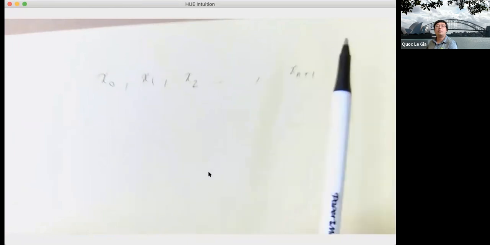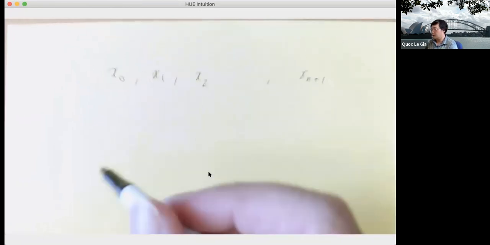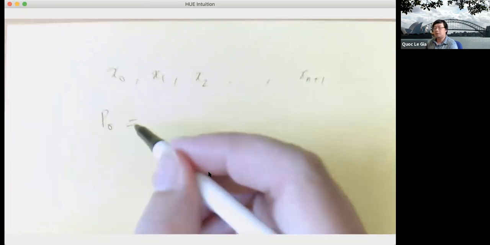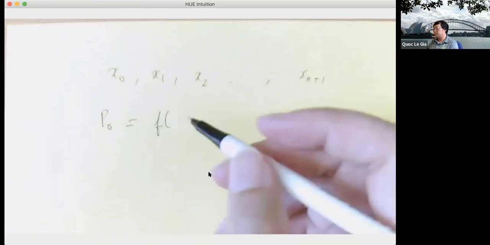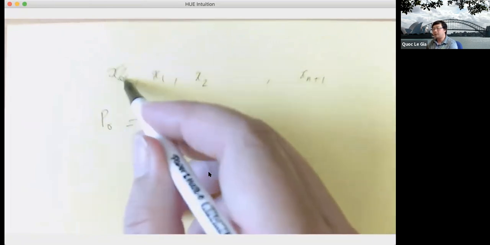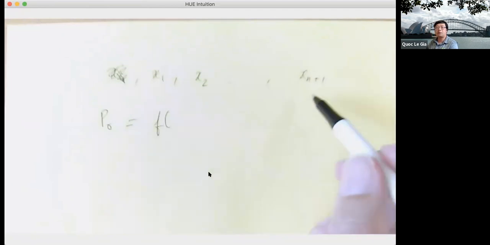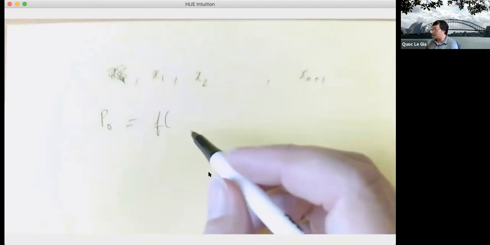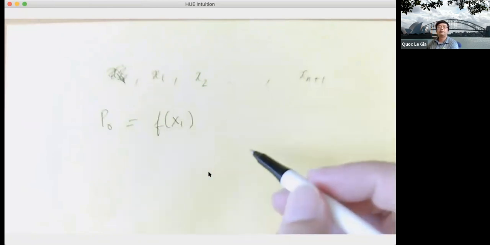So P0 is just equal to f of, no, we don't have x0, so we just have x1 up to x n plus 1, yeah? So P0 just goes through f of x1, yeah?